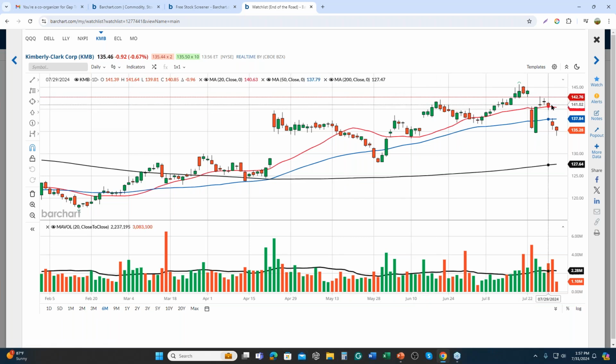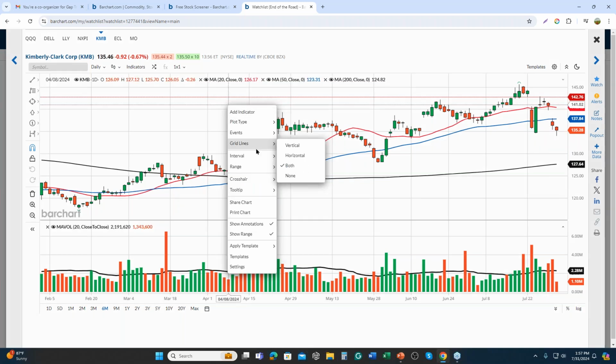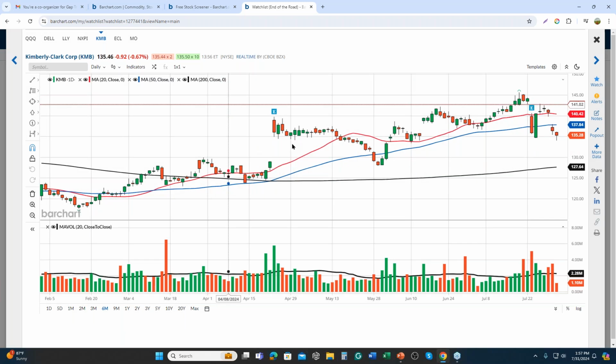So the end of the road gap fell both below the 20-day and the 50-day. So that was a combination of sell-offs, and I'm sure that this one was probably an earnings gap, let's just check. Yes, so here's our end of the road gap, which was an earnings gap. Okay, so I was off a little bit there.